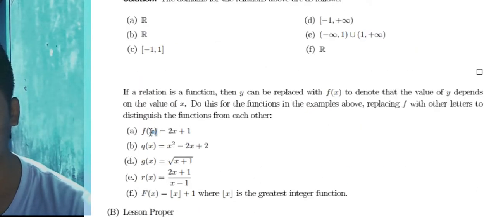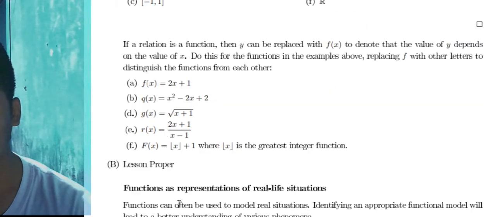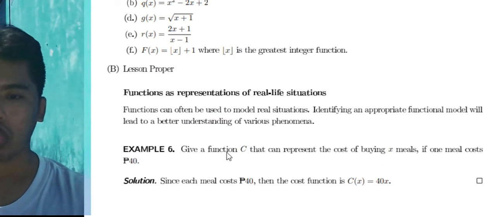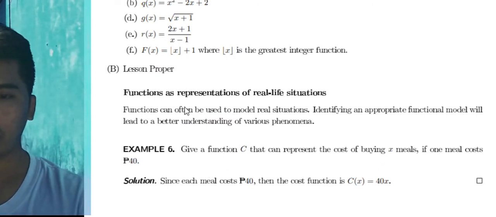So f of x is equal to 2x plus 1. The next one, g of x equals x squared minus 2x plus 2, and so on. We're going to read this one as x is the greatest integer function. Alright, so let's proceed to the lesson proper.